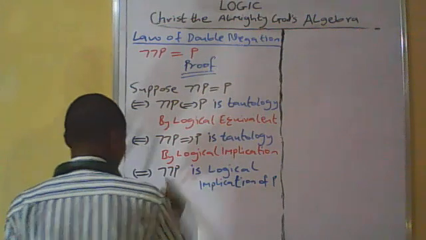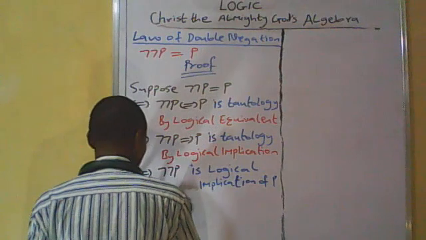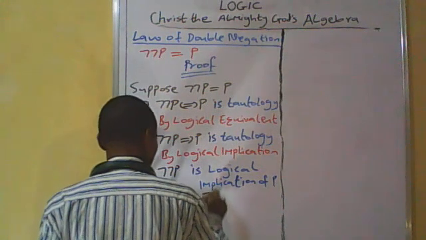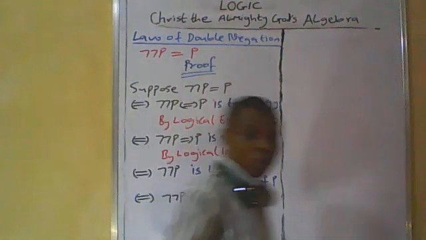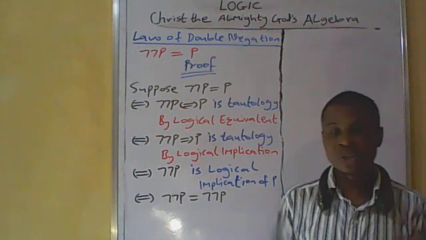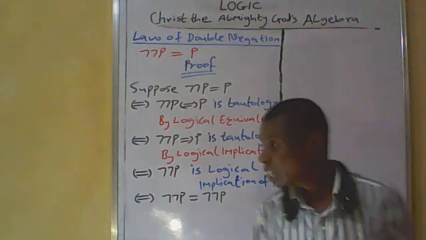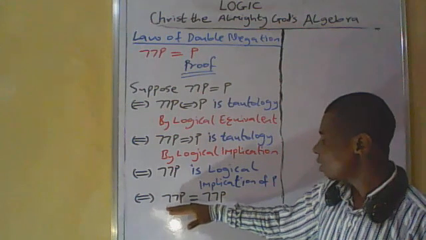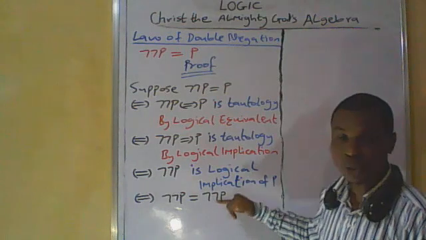See, if this is true, this also must be true, if and only if not P is equal to not P. That means not P is equal to itself. It is true that not P is equal to itself, in the sense that whenever not P on the left side of the equation is true, also not P on the right side of the equation is true.